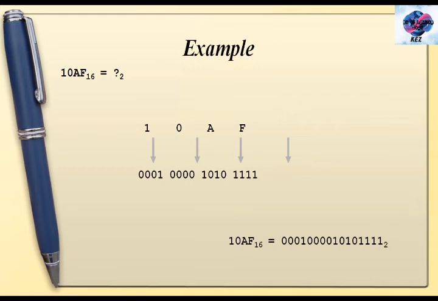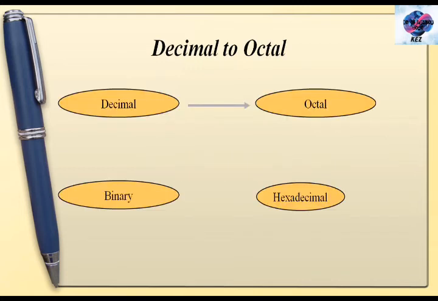Now, the next part we have to discuss. Decimal to any other number system is done. From other number systems to binary conversion is done. Now, what do we have to do? Yes, decimal to octal conversion. I already discussed this.